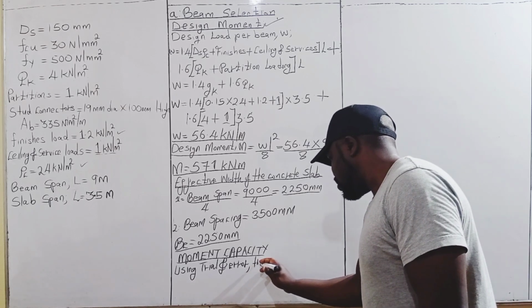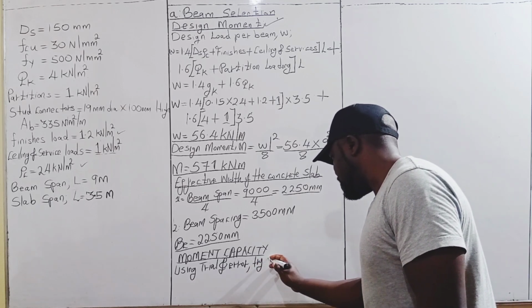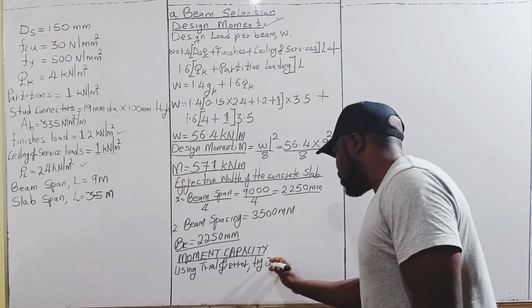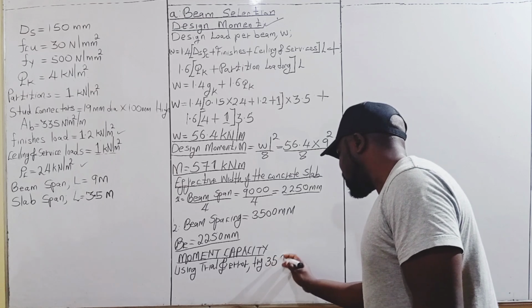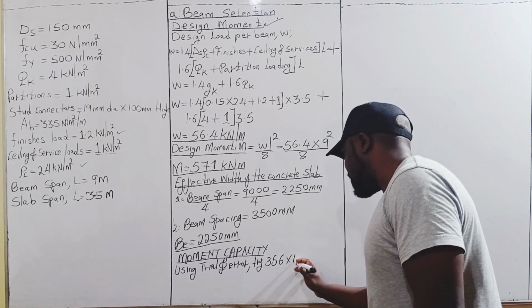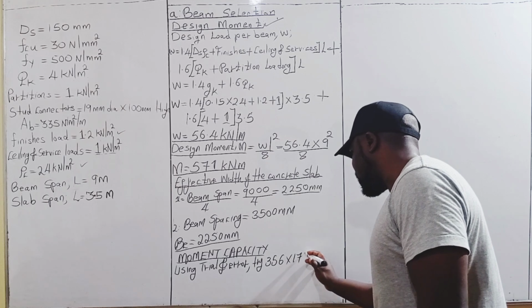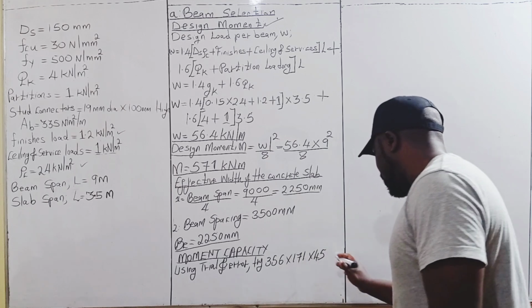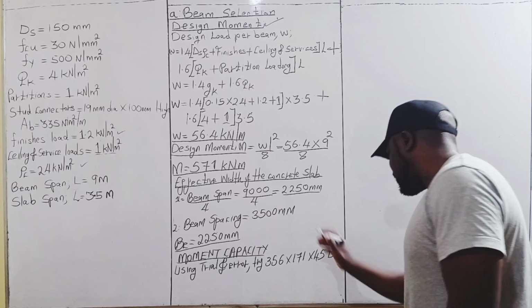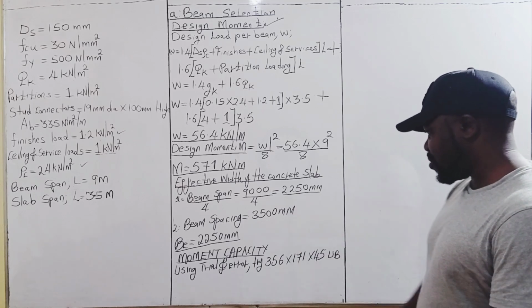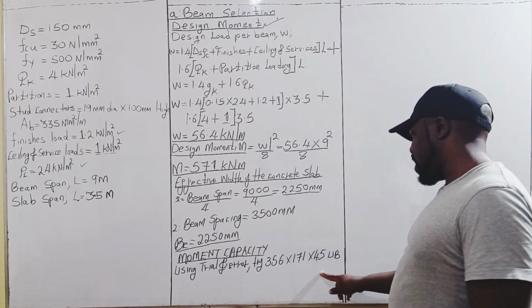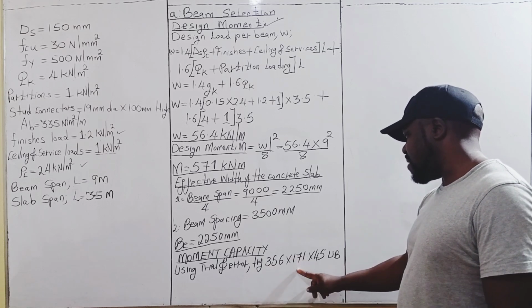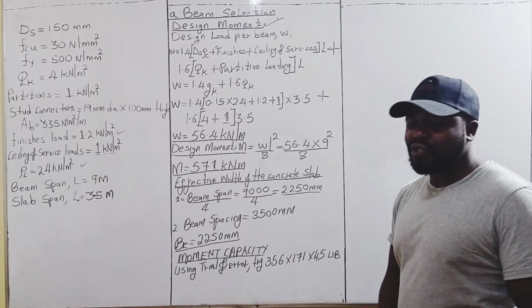And in this case, using trial and error, we are going to try this beam section of size 356 by 171 by 45 universal beam section. Therefore, use trial and error. Try this section 356 by 171 by 45 UB section.